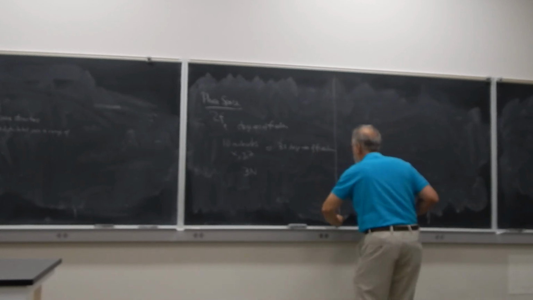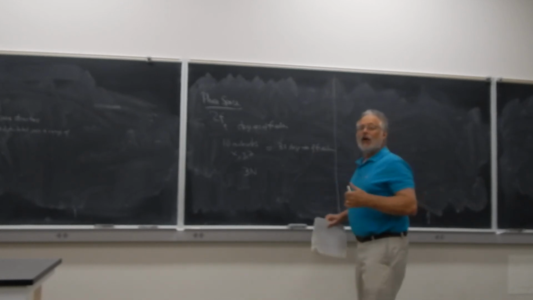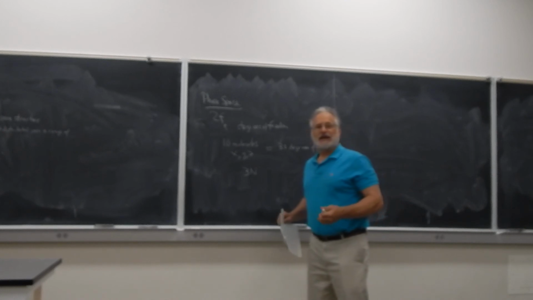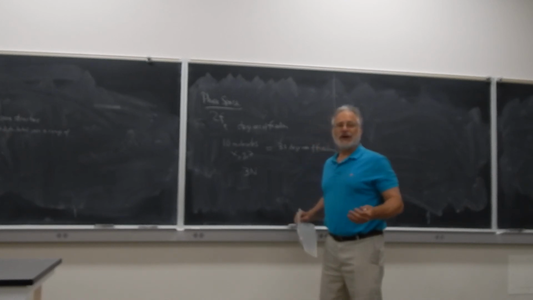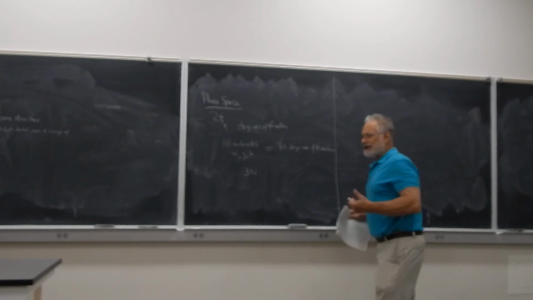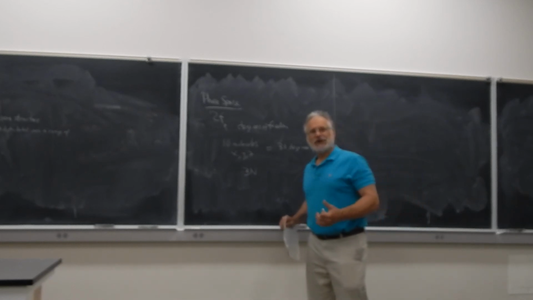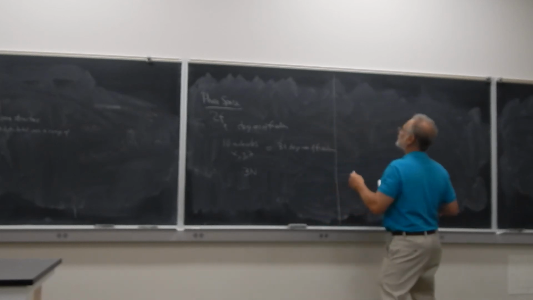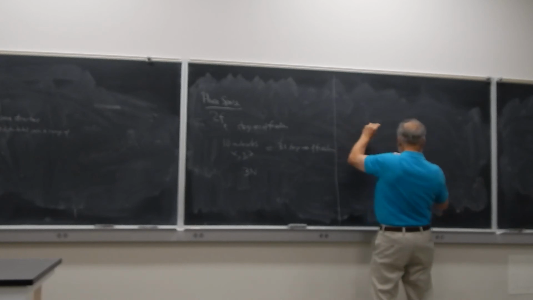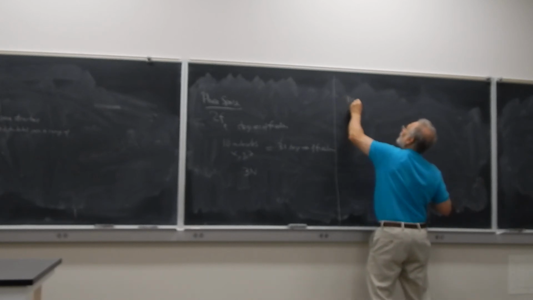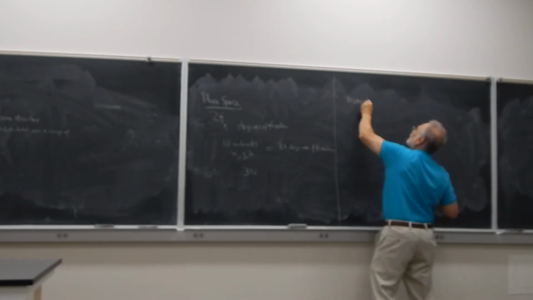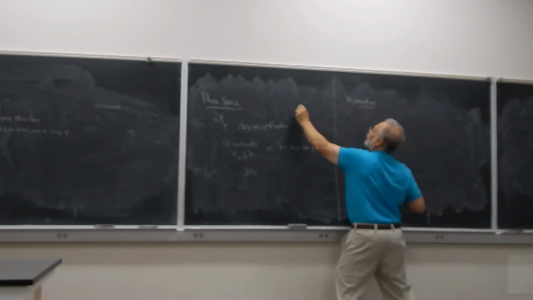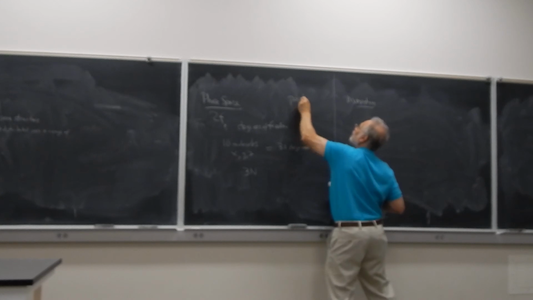But more than that, we also need to know what the velocity of each molecule might be. More specifically, we tend not to use velocity as much as we use momentum in statistical mechanics. And so we want to know not only position, but we want to know momentum.